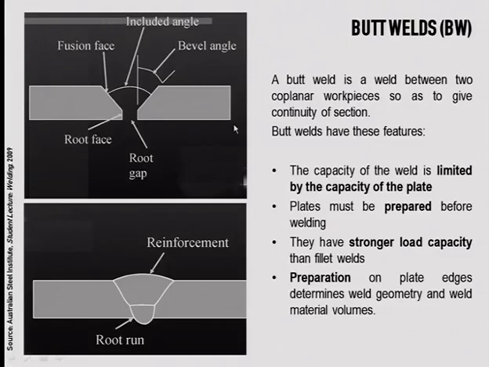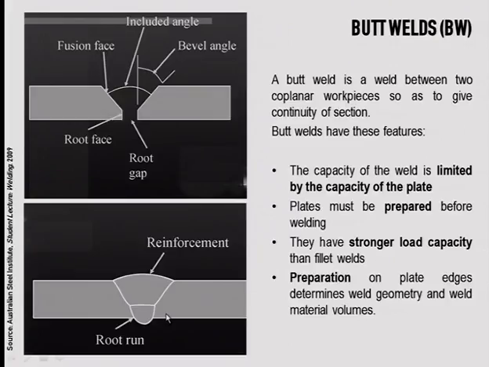In the other case, butt welds are generally used when you don't have a T-junction, but you have coplanar surfaces. You see these two elements sit on the same plane. So what you do, you need to prepare the face first. This fusion face needs to be cut to get these bevel angles so that you can use the filler and connect the two parts together.